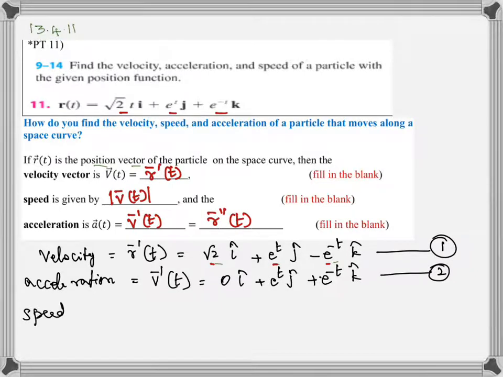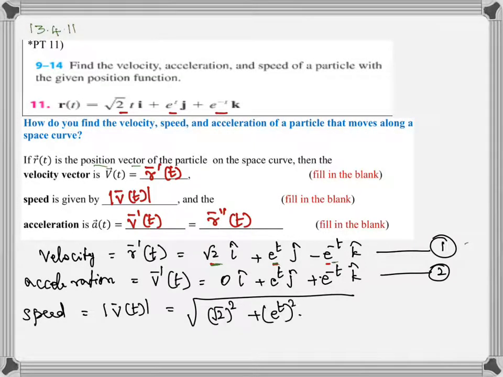Now we have to get the speed, which is the magnitude of the velocity vector. So if you look at the velocity vector here, it is number 1. You have to square root 2, square e to the t, square negative e to the negative t, and add. So we get root 2 squared plus e to the t squared plus negative e to the negative t, the whole squared.